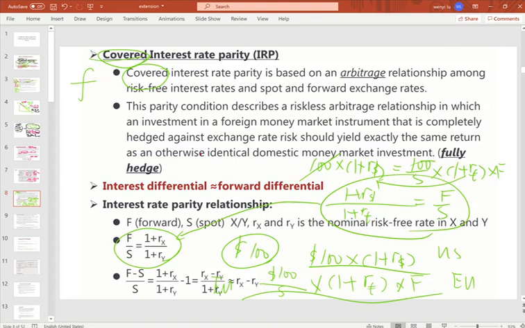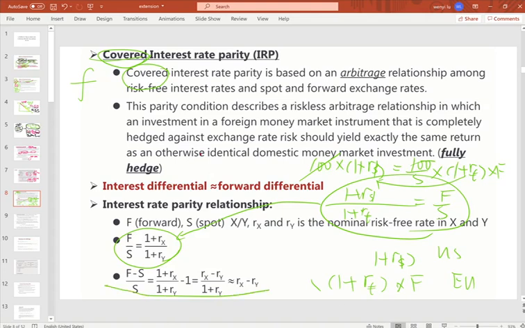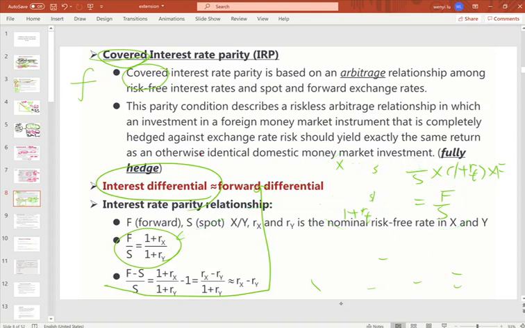With a little bit of operations, we also solve this one. This means the forward differential will equal the interest rate differential. So that's our covered interest rate parity.